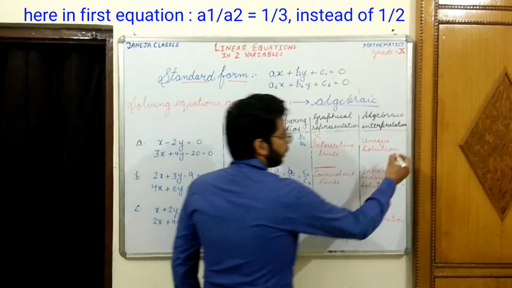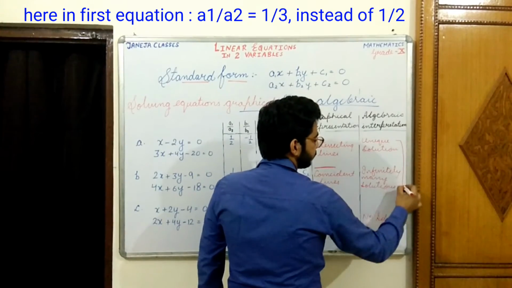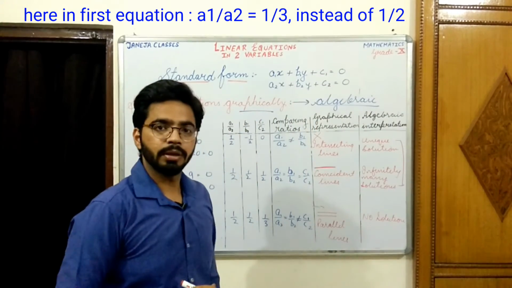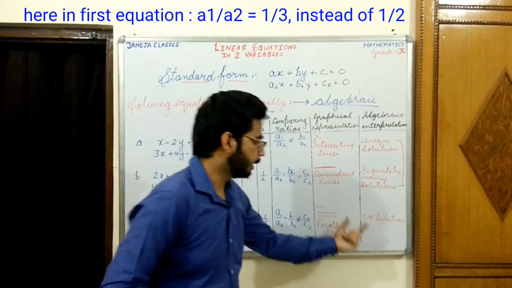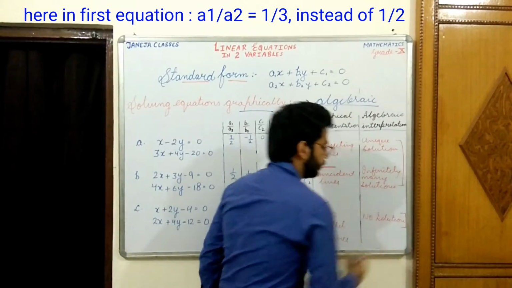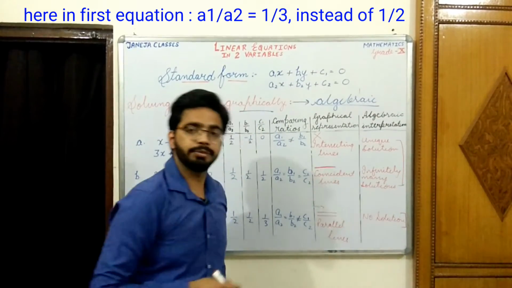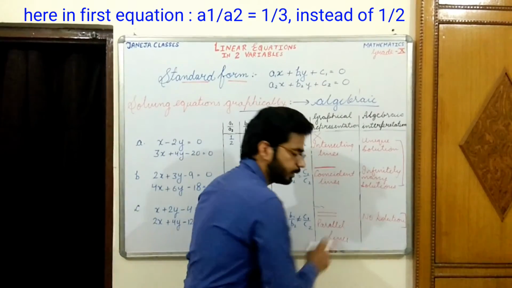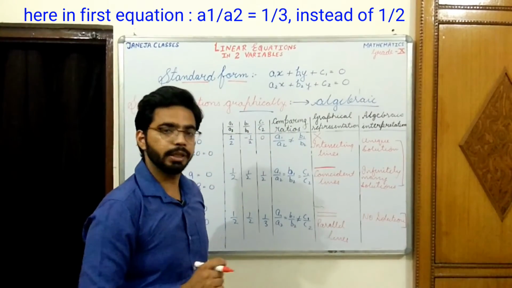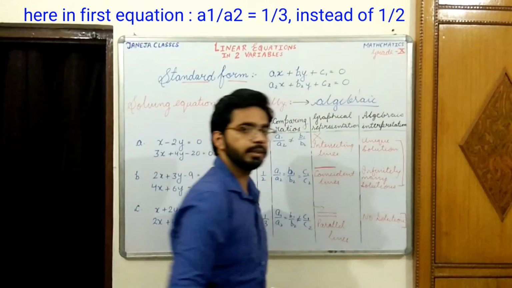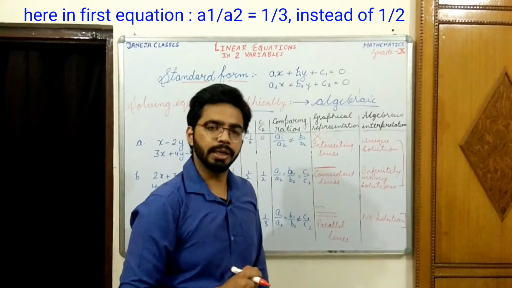Now in both of these, a solution is possible. Here the solution is not possible. That's why it is known as an inconsistent pair of linear equations, and these two are known as a consistent pair of linear equations.